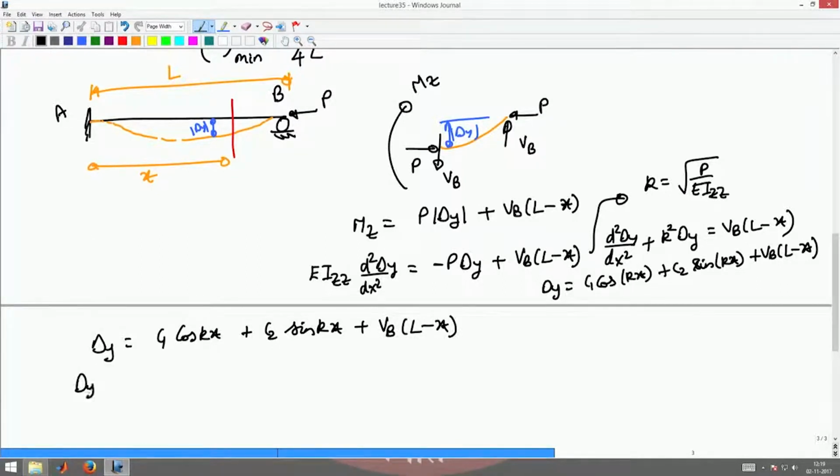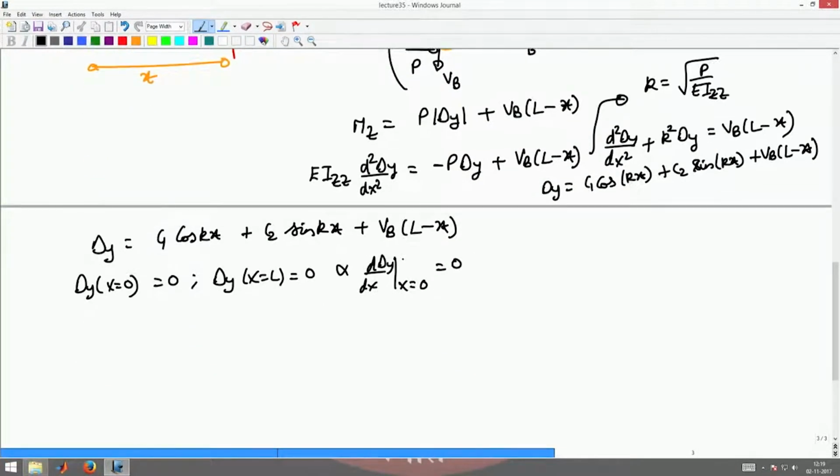Delta y at x equal to 0 has to be 0, delta y at x equal to L has to be 0, and d delta y by dx at x equal to 0 has to be 0. Now, you have 3 conditions, and we have 3 constants C1, C2 and Vb, which we evaluate from these conditions.